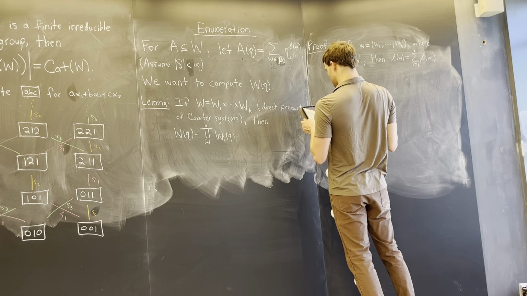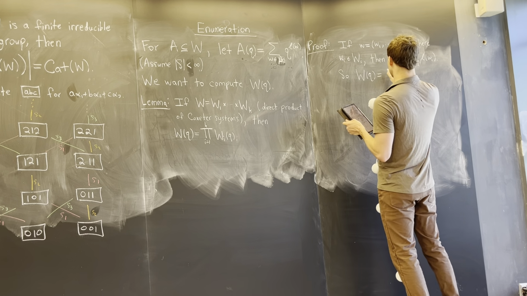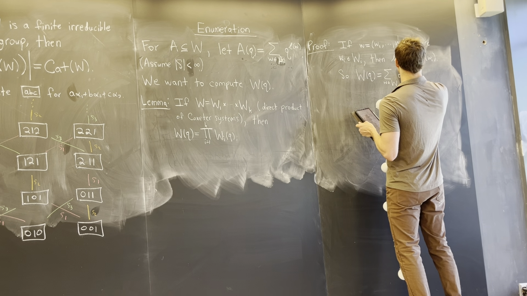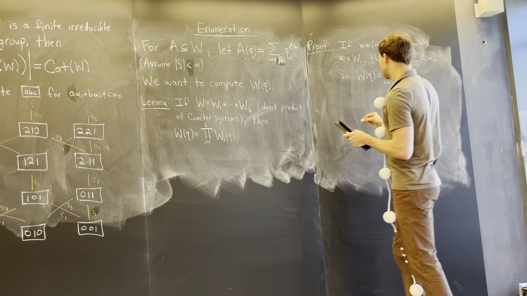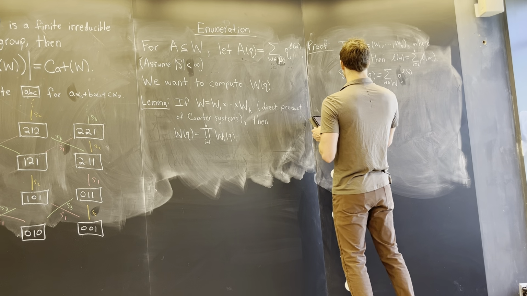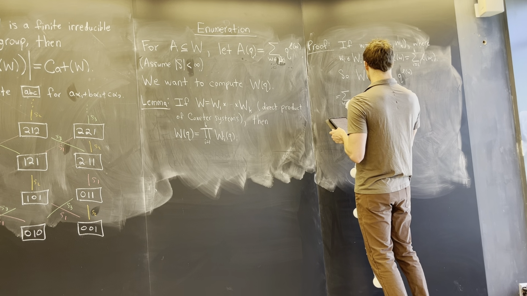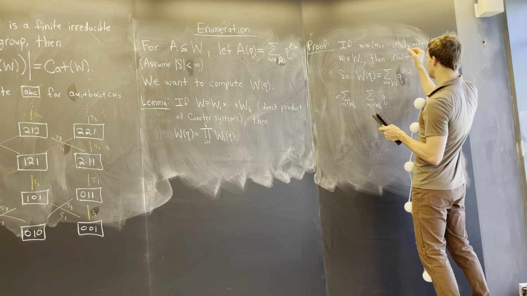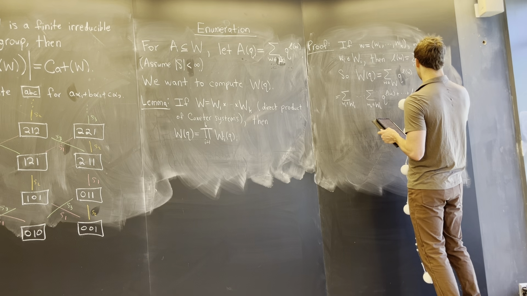So this means that W of Q is the sum over all w in W of Q to the length of w. That's just the definition. But I could write this as the sum over w1 in capital W1, dot dot dot, sum over wK in capital WK of Q to the, well, the length just adds, so you get length of w1 plus dot dot dot plus length of wK.